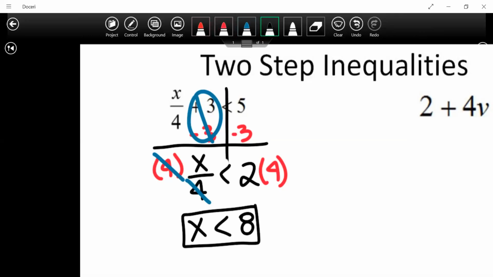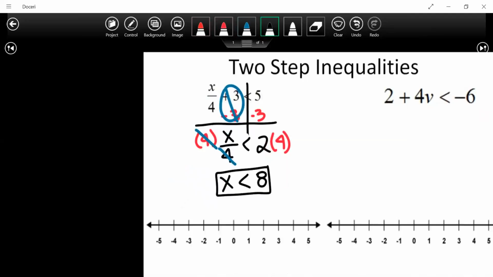Keep it, keep it. Open or closed circle? I see that my number line is not even close to being there, so I'm going to rewrite mine in a different way. 1, 2, 3, 4, 5, 6, 7. I'll just say this is 8. So open or closed circle? Open, left to right. To the left.